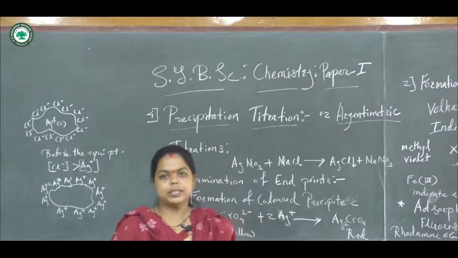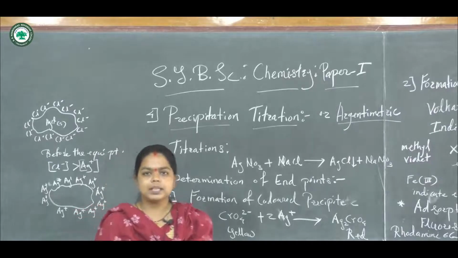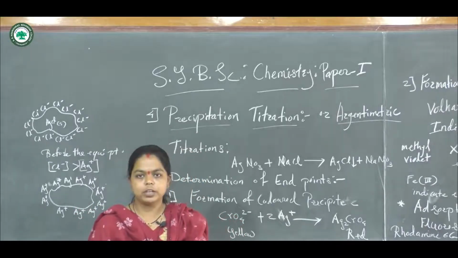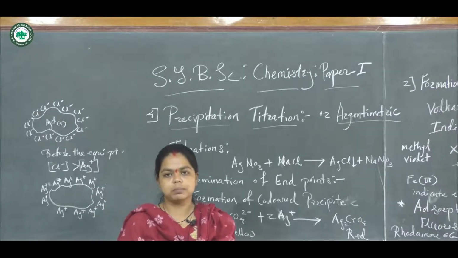Now in this titration, as the name suggests, a precipitate is formed at the end point of the titration. So a colored precipitate or a colored solution may be formed.